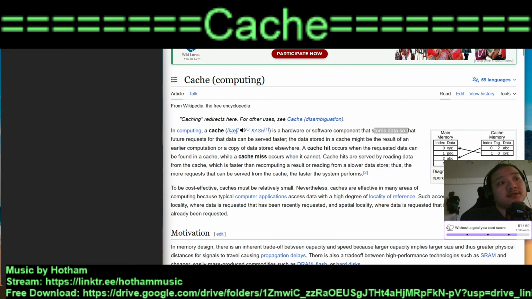So basically, we compute already seen data in memory.